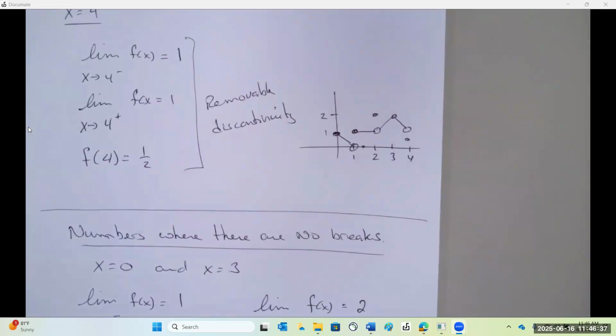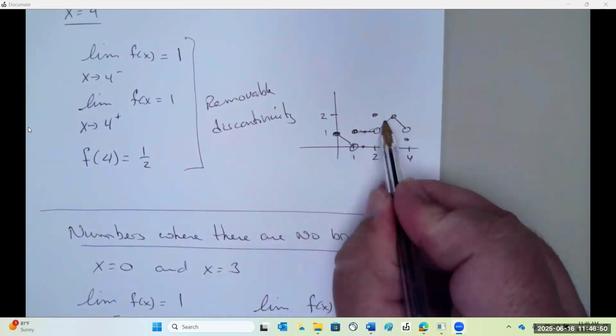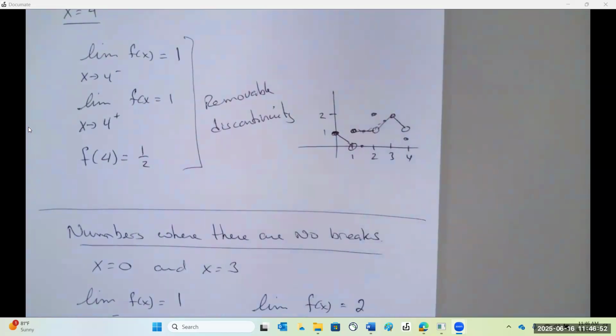At all other interior points, other than the integers, the functions are continuous in those subdomains. Because at this point, they both approach the same value. At this point, they both. So at all other interior points, it exists. We have to, because for it to be continuous, it has to be at every x inside the domain.